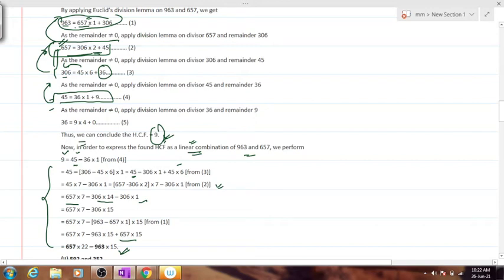First you will complete the HCF and then you will perform the linear combination one. It's a very easy one.